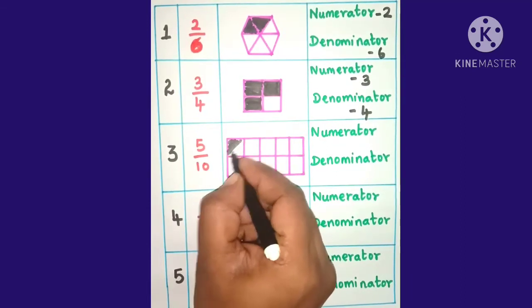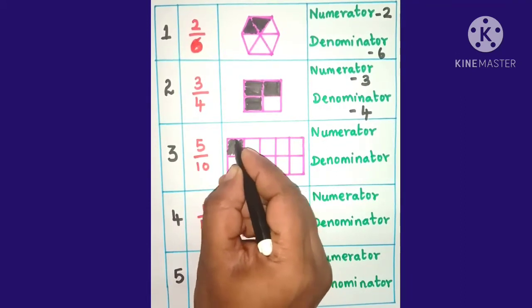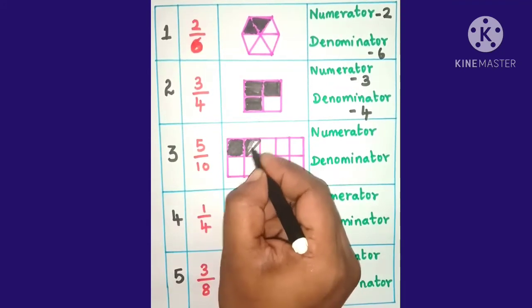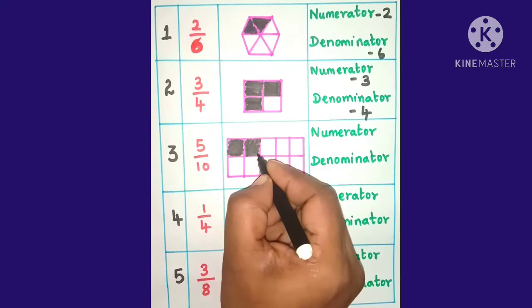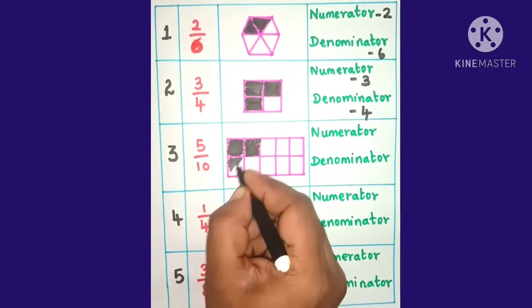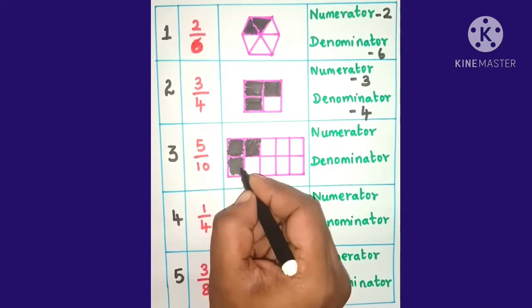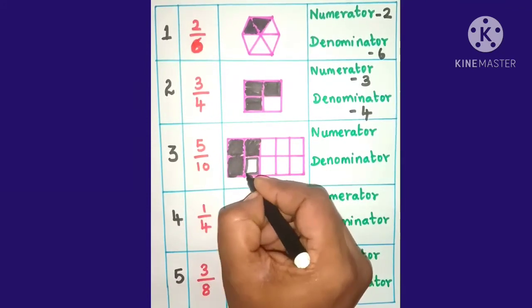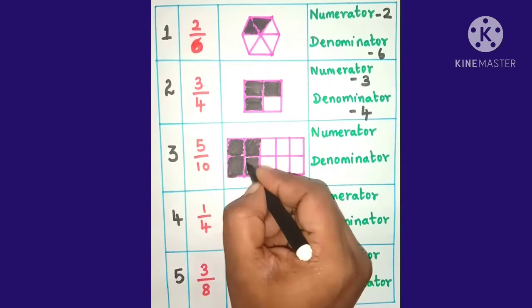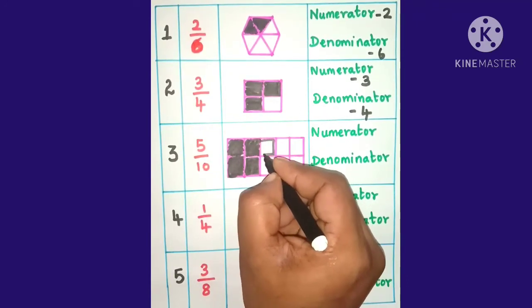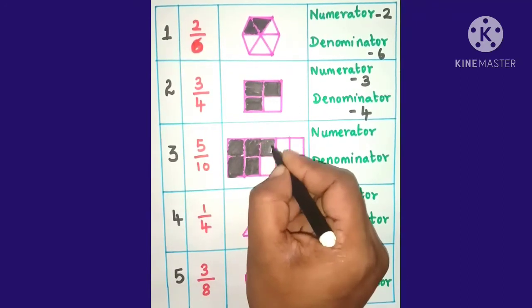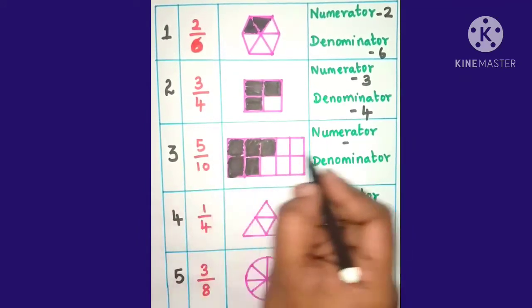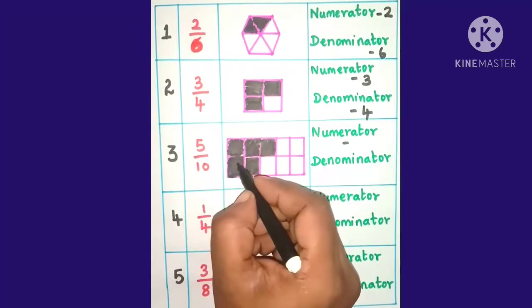That is 1, 2, 3, 4 and 5. Here numerator represents the shaded parts 1, 2, 3, 4, 5.